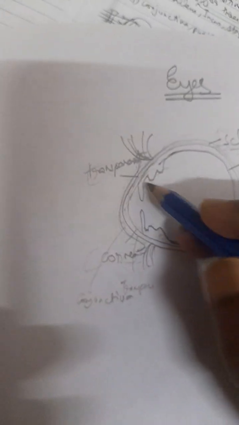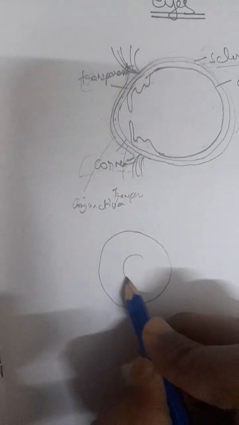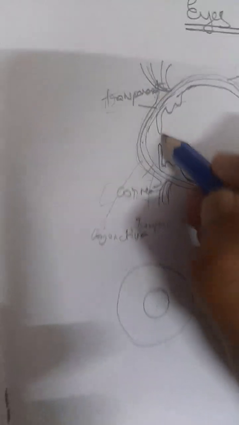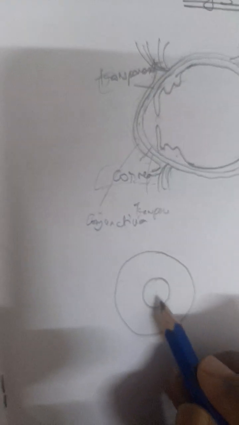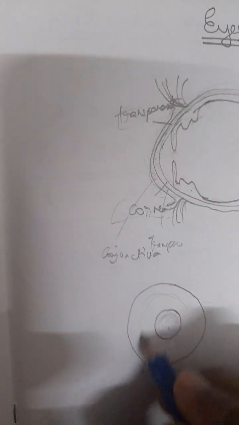This is a sideways view of the eye, but if it is viewed from the front, it will appear like this hole. It is the front part of the eye, and this nib-like part is actually this circular disc.